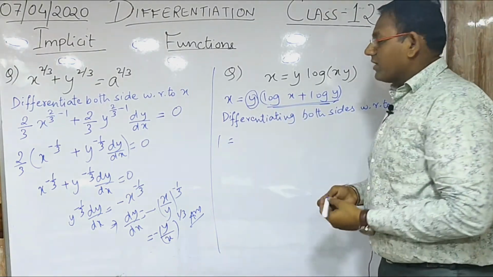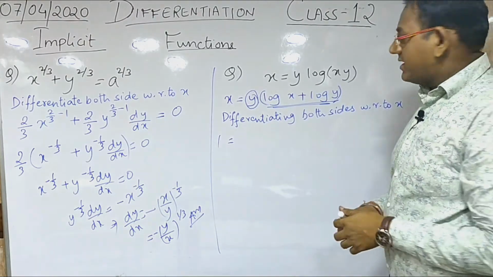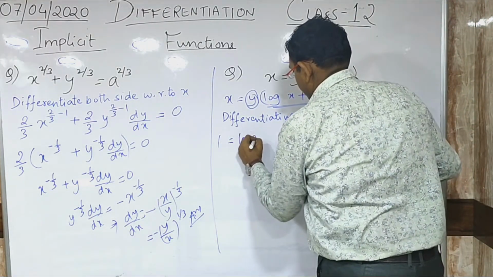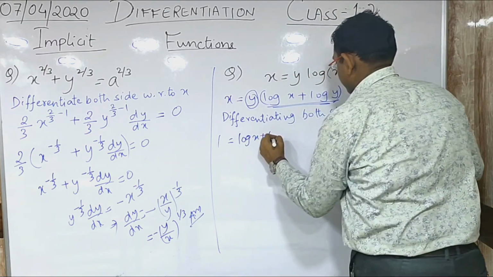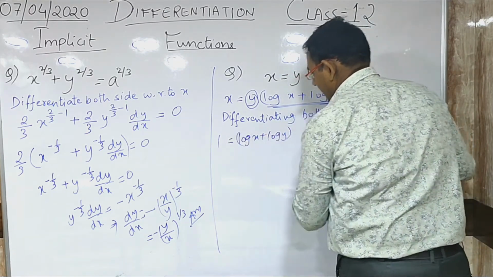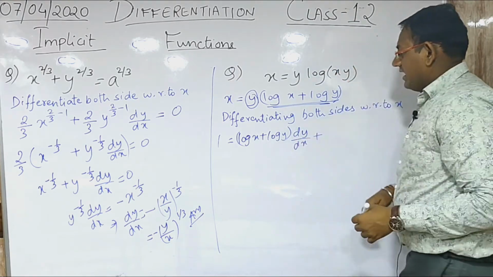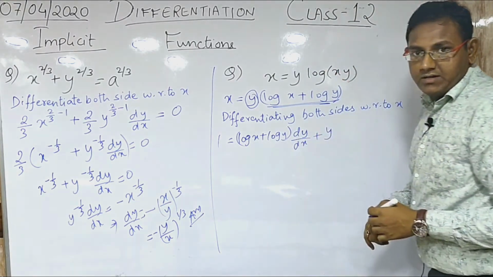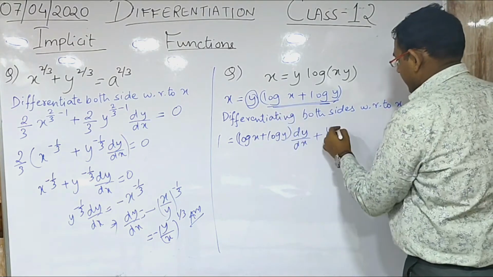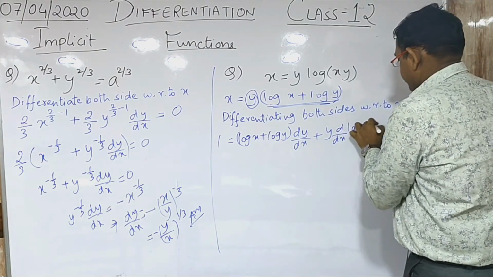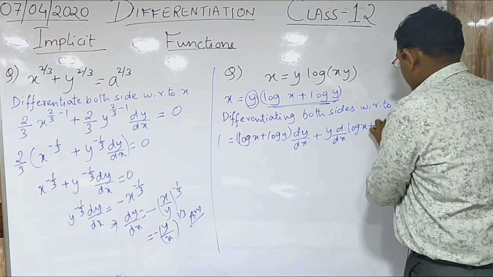So we are going to apply the UV method, where we will keep the value of log x plus log y as it is and differentiate y with respect to x. Then we will keep y over there and we will differentiate this entire function, d by dx of log x plus log y.